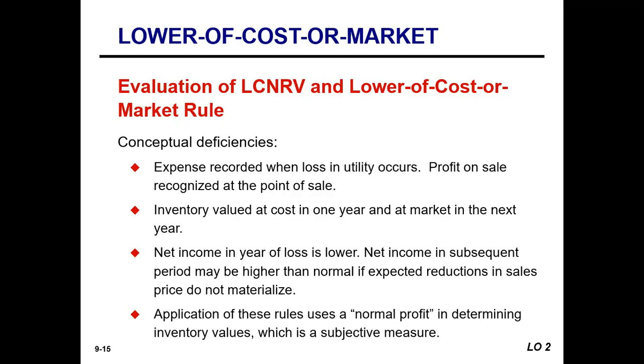And then application of these rules uses a normal profit in determining inventory values, which is a subjective measure, because since companies develop these estimates based on past experience, this subjective measure presents an opportunity for income manipulation. So it's something that's an estimate, and it's not always correct, right?